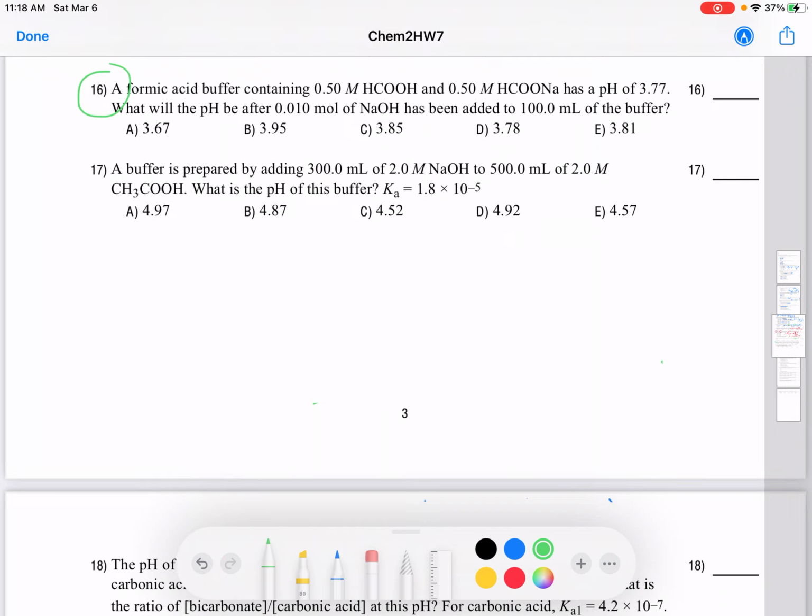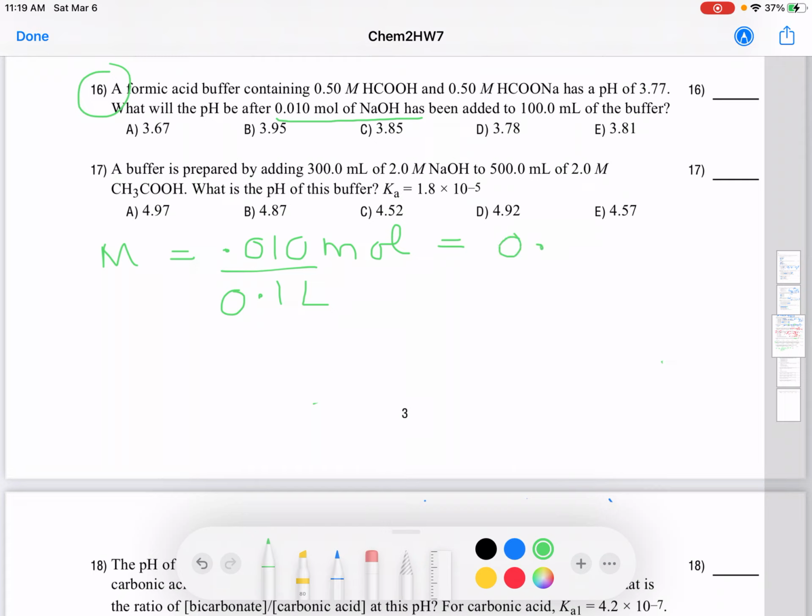What will the pH be after 0.1 mole of sodium hydroxide has been added to 100 milliliters of the buffer? So we want to find out the molarity of sodium hydroxide. So moles 0.010, and then the volume 0.1 liter. This will give us the molarity of sodium hydroxide that we are adding.